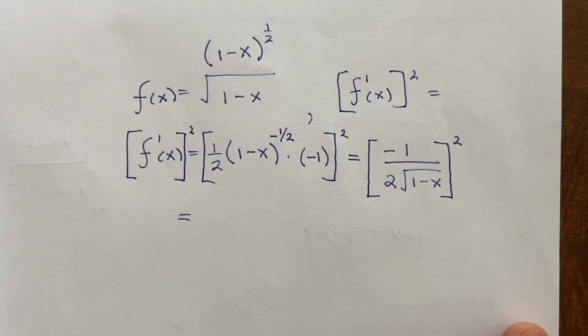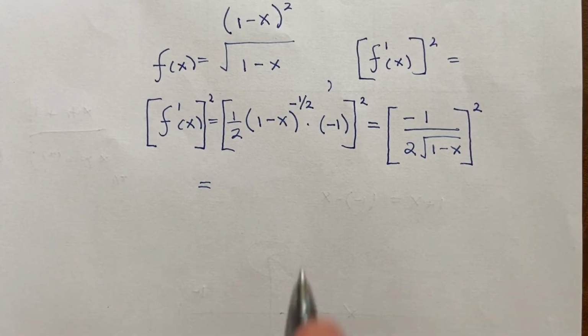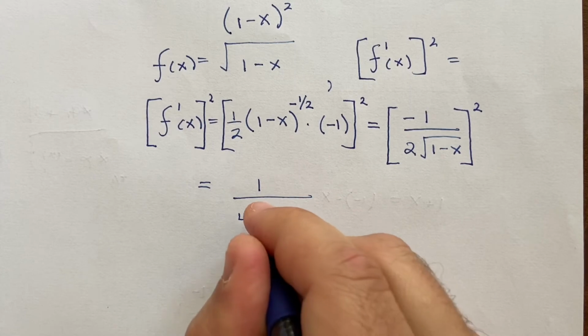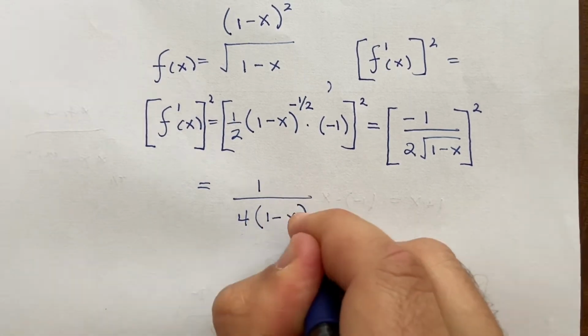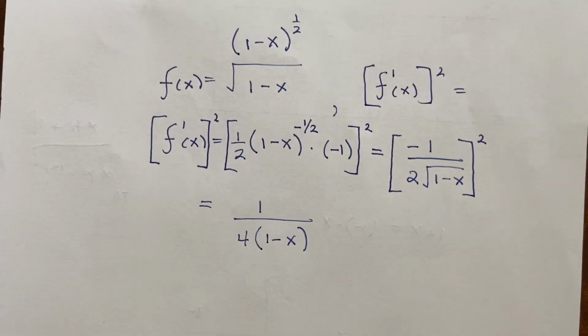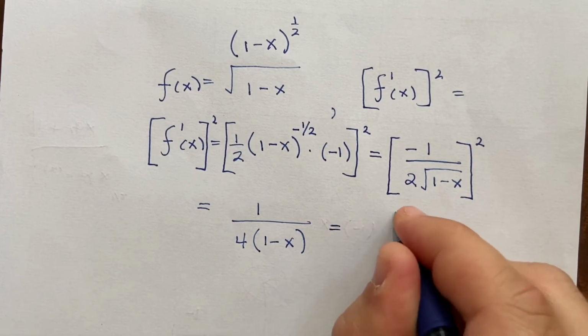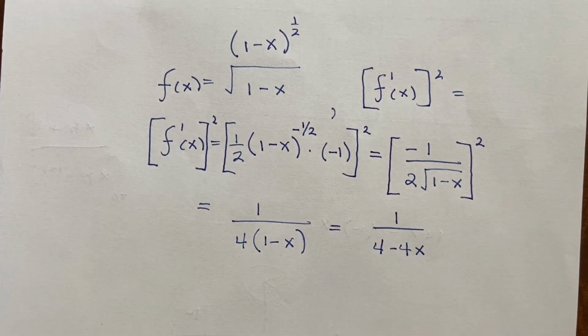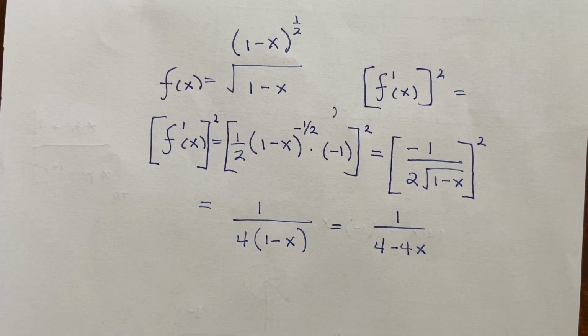So when I square, we'll have now positive 1 over 4 times 1 minus x. In other words, 1 over 4 minus 4x, if I want to use that. Right, so that's the squared version. So I'll bring that back into the integral now.